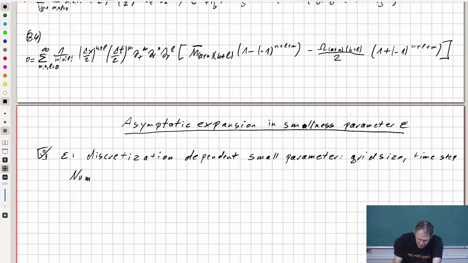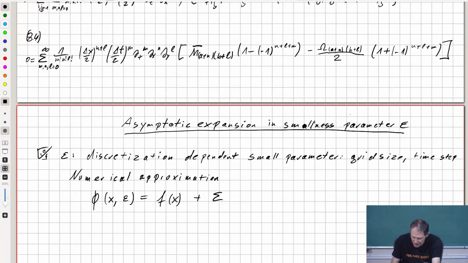So then a numerical approximation in general, very general, looks like this. So you have a function phi of independent variable x, could also be time, doesn't matter. So some independent variable x and the smallness parameter epsilon is a function f of x plus an infinite sum starting from, it should start from 1.